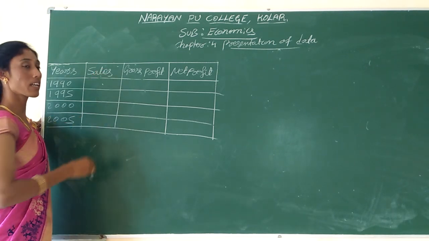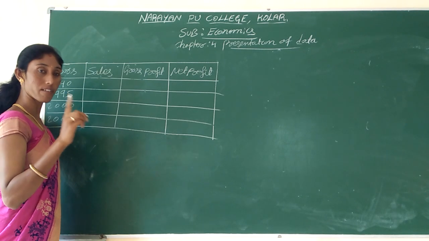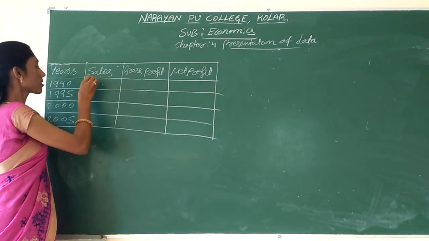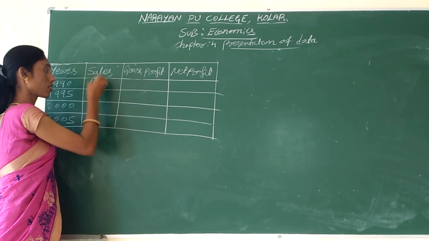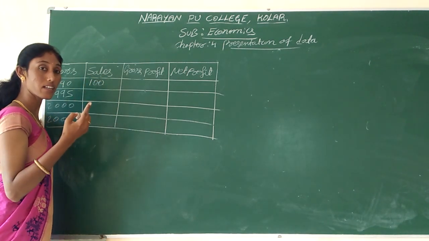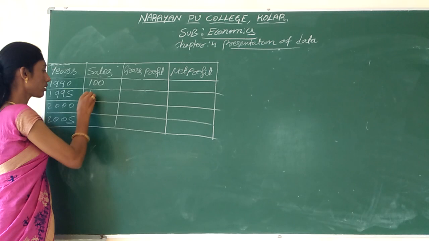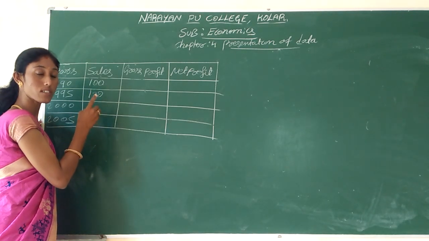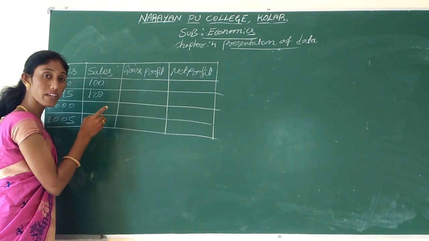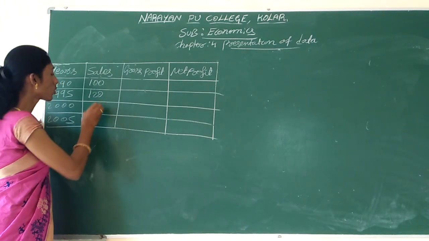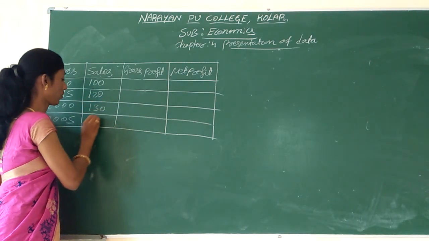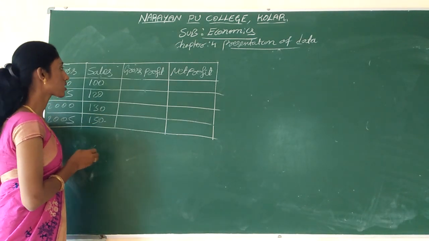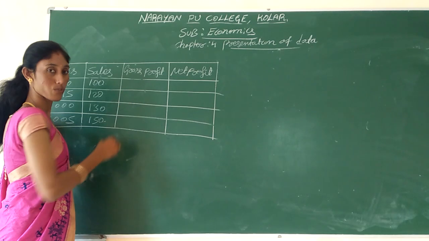Now the data relating to sales: in 1990, the sales of the company is 100, and in 1995, 120, and in the same way, in 2000 and 2005, the sales of the company is 130 and 150. Got it now? Then next, we move to gross profit.